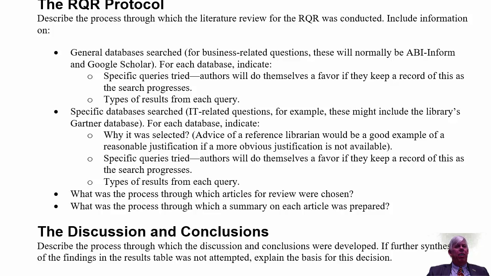And what process did you use to summarize the articles? So here, what we're basically trying to do is get a very clear sense of where your list came from and how you came up with the quick descriptions of each item on the list. Your discussion and conclusions should be relatively self-evident.